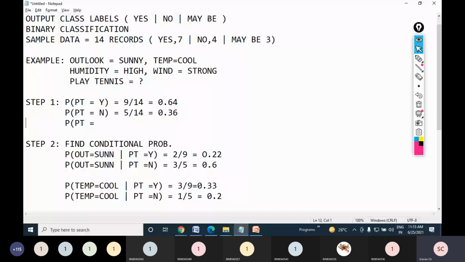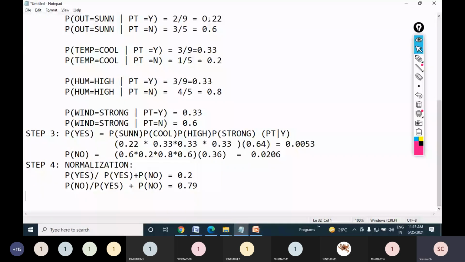3 by 14. Now at the end, the way I have computed probabilities for two outcome variables, I'll do it for 3 variables. But all 3 variables, when I sum up, I should get 1. So nothing wrong.